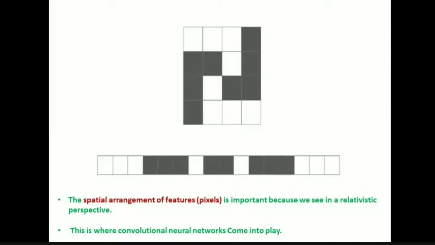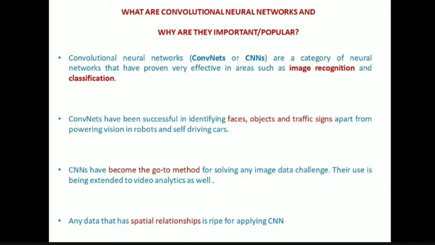I hope all of you have understood why we are studying convolutional neural networks, right? Now let us see what convolutional neural networks are and why they are important, or why they are popular. Let us discuss some theoretical concepts and some history related to convolutional neural networks.